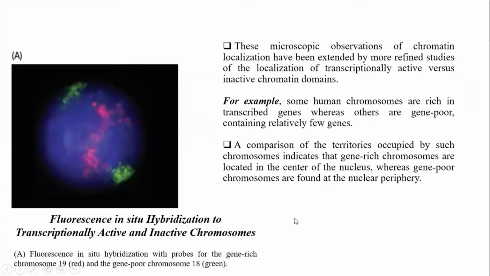Okay, this is again another figure. Now these microscopic observations of chromatin localizations were further done and इससे हमें पता चलेगा कि कौन से आपके active and inactive domains are there. ठीक है? For example, some human chromosomes are rich in transcribed genes whereas others are gene poor. Okay.